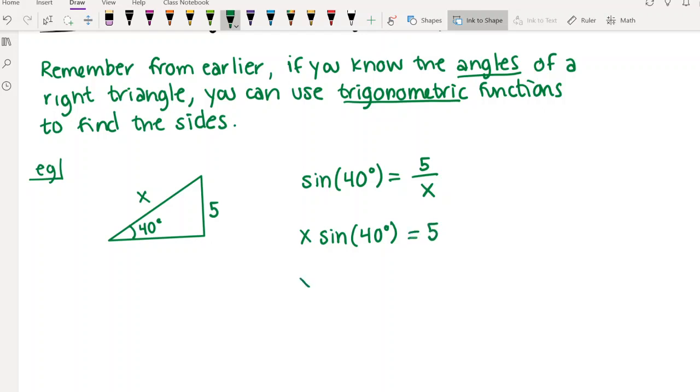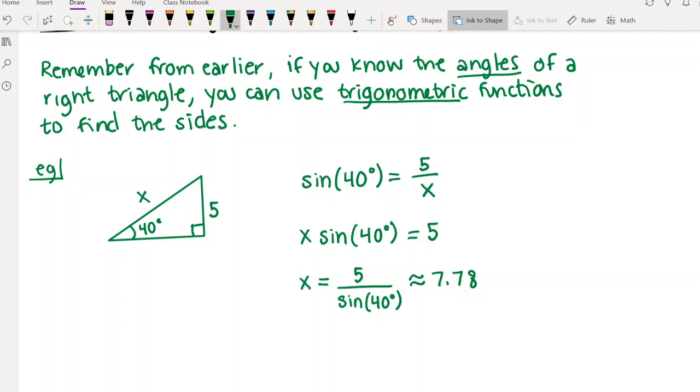And so x is equal to 5 divided by sine of 40, which is approximately equal to 7.78. So that's the kind of stuff we were doing earlier in the quarter. I guess I should make that a right angle.